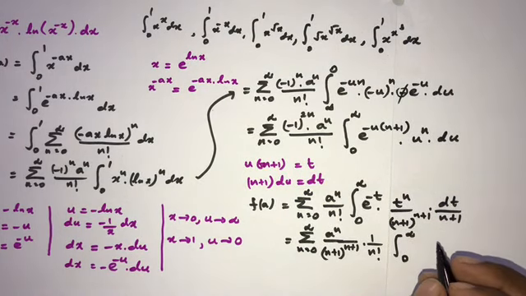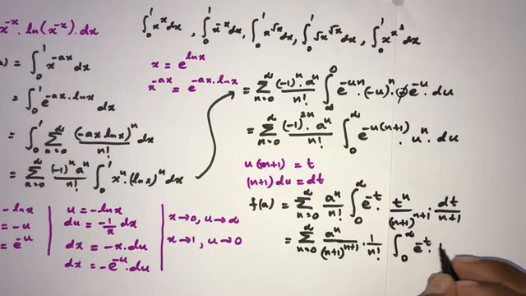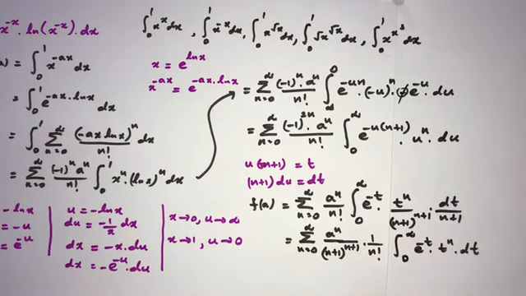Now here we have e to the minus t, t to the n dt.